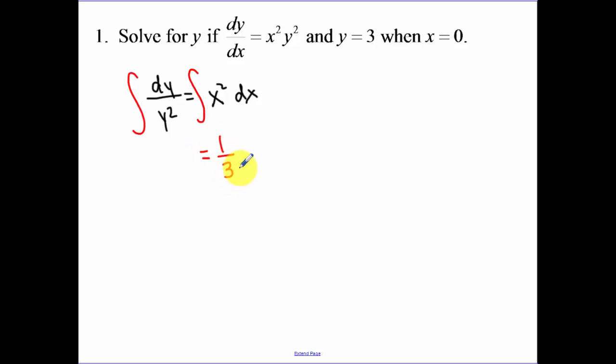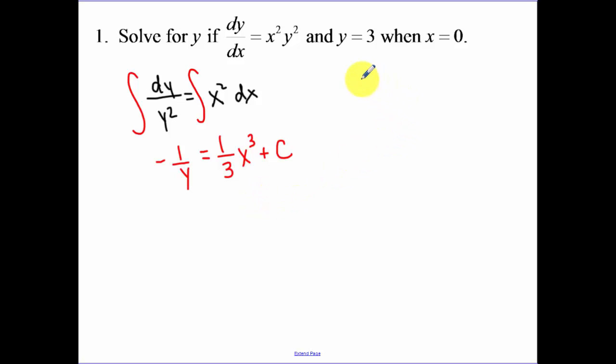I'm in the mood to integrate the right side first today. And then the left side is going to be negative 1 over y. Now you only have to worry about putting in one c. One big constant is going to take care of all of the constants that you could think of.